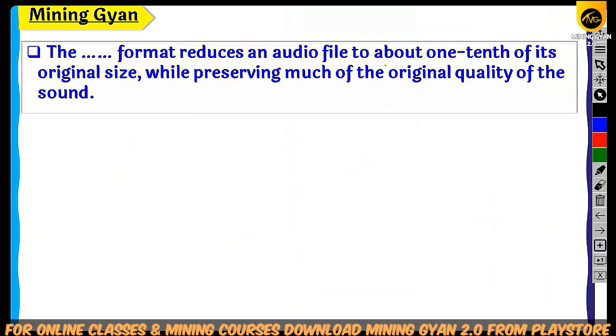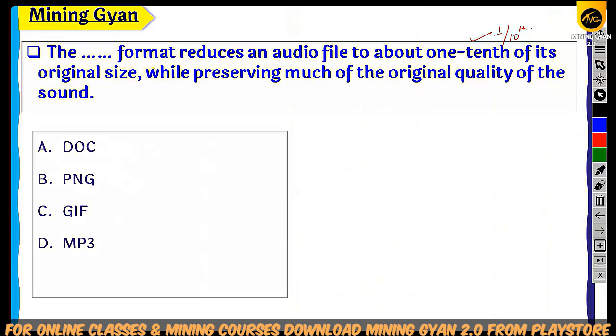The format reduces an audio file to about 1/10 of its original size while preserving much of the original quality of the sound. So which is the format?